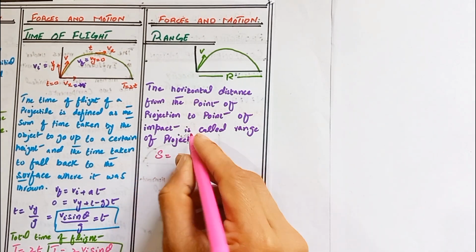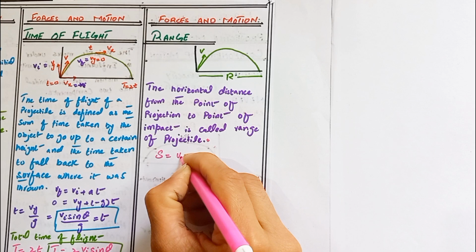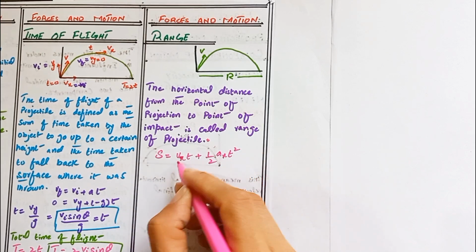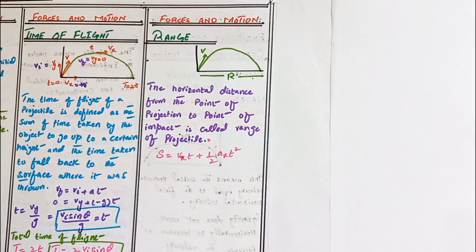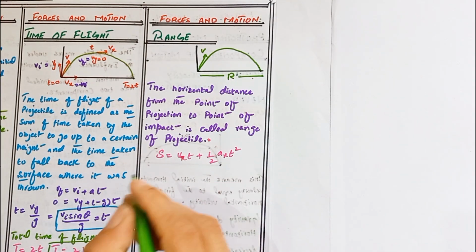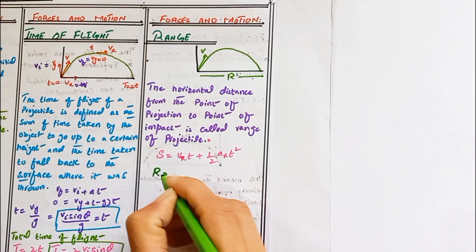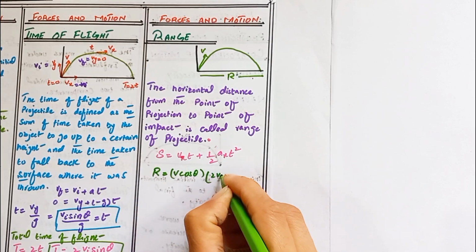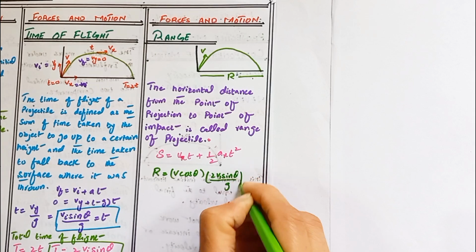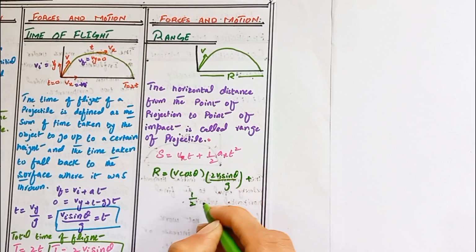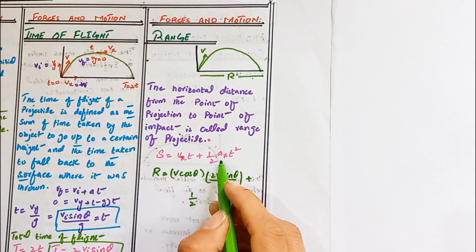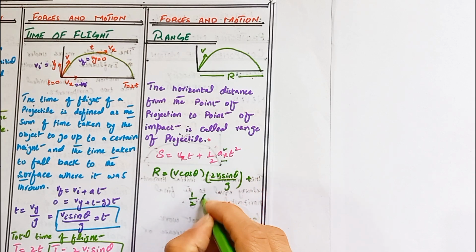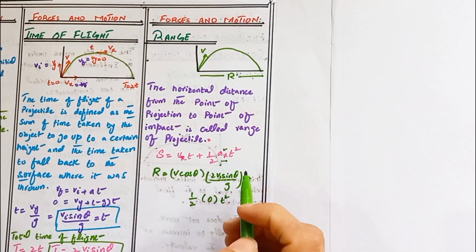We know the second equation of motion, Vxt plus half axt squared. We take the horizontal component because we calculate the range, that is the horizontal motion. So here the total distance is equal to R, the horizontal velocity component is equal to V cos theta, and the time of flight is equal to 2V sine theta over g, plus half the horizontal acceleration, which is 0 because the velocity component is constant.